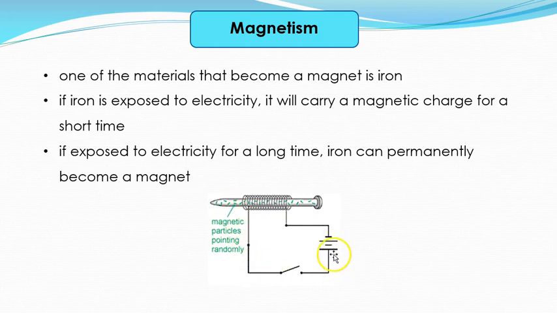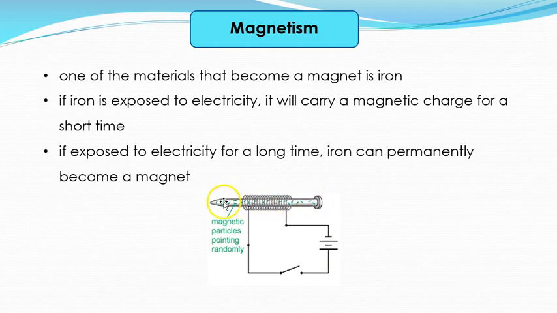And here's an example of the flow chart of the experiment that we did. We had a battery, and there was a wire coming out of the positive side and the negative side of the battery. And the wire was wrapped around a nail, and whenever we attached the wire to both poles, the nail became magnetic.